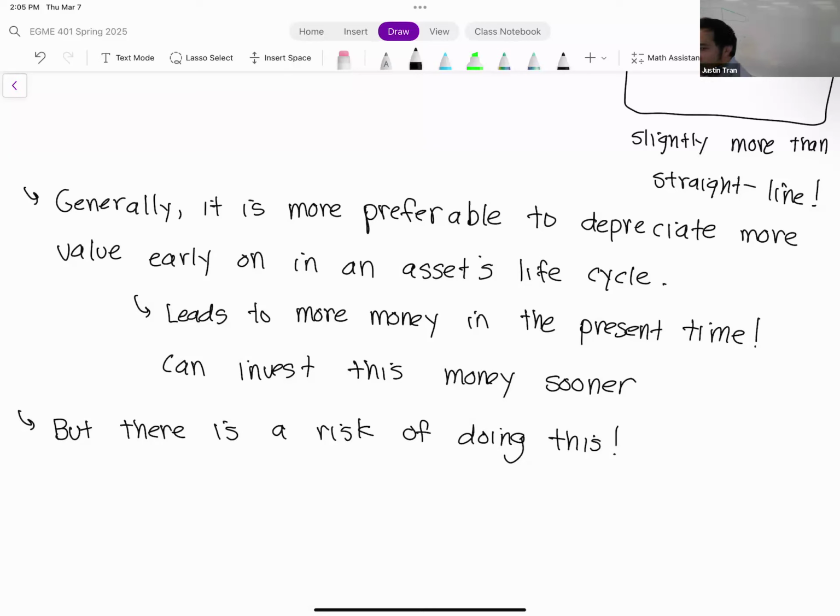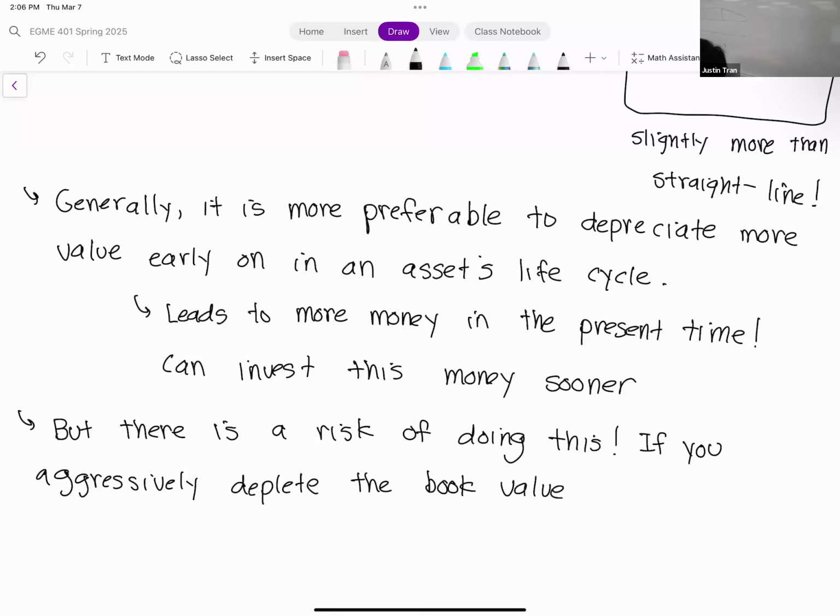So you aggressively deplete the book value. Right? If you aggressively deplete the book value and you end up selling the asset, you may have to pay more taxes depending on the difference. Okay?